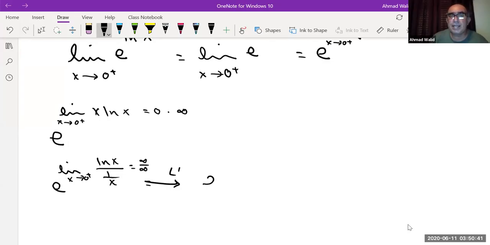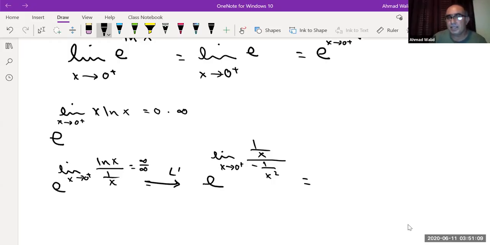Then you can write e to the power of limit, the derivative of the numerator, which is the derivative of ln x, is 1 over x, over the derivative of 1 over x, which gives you negative 1 over x squared, as x approaches 0 from the right.